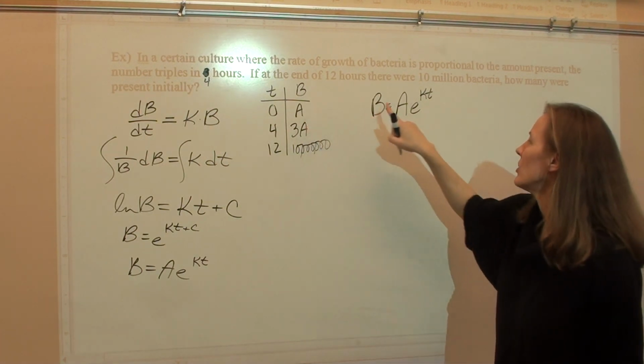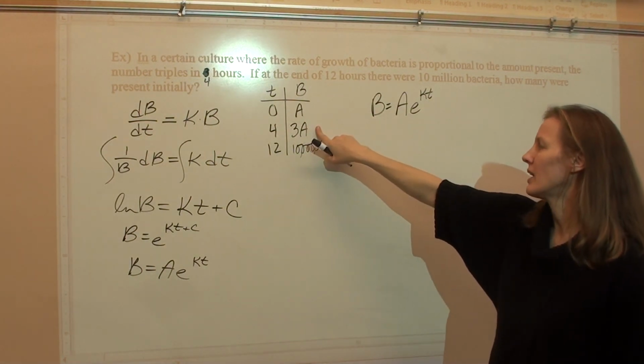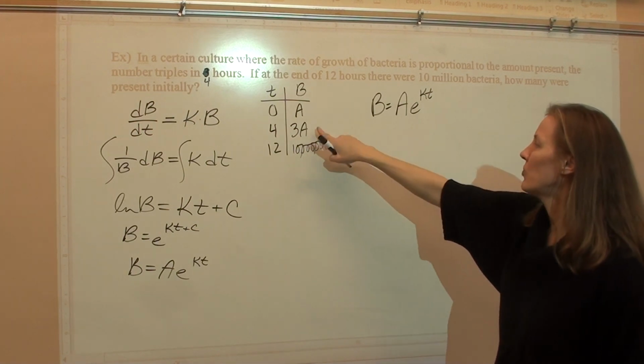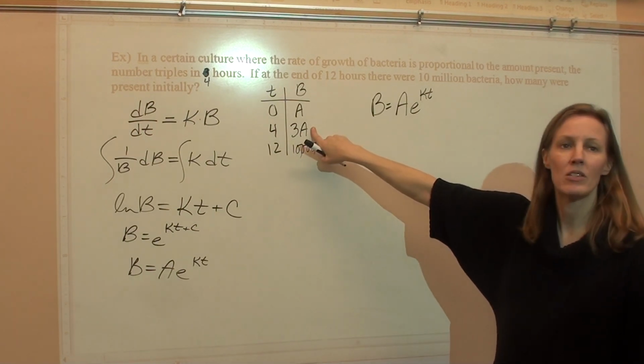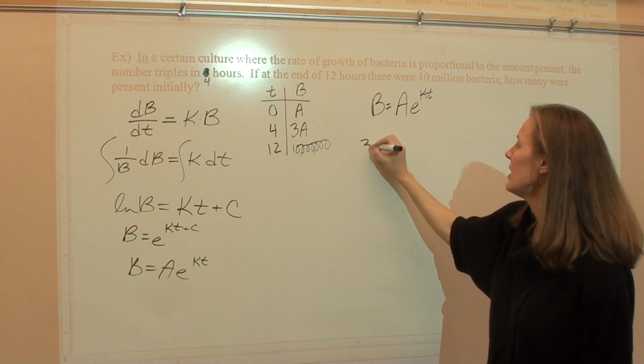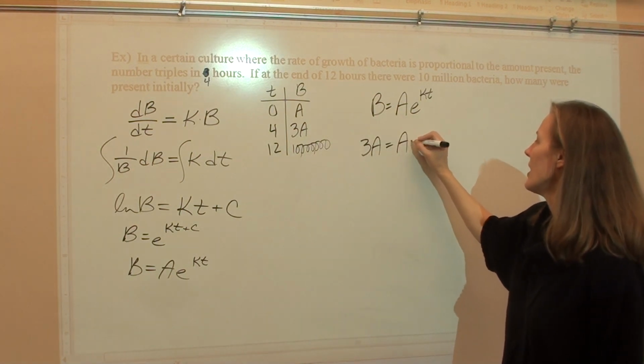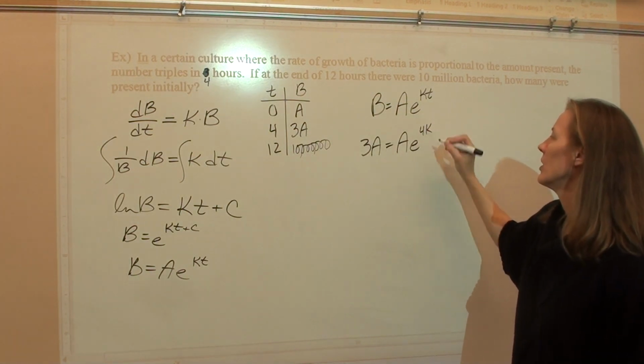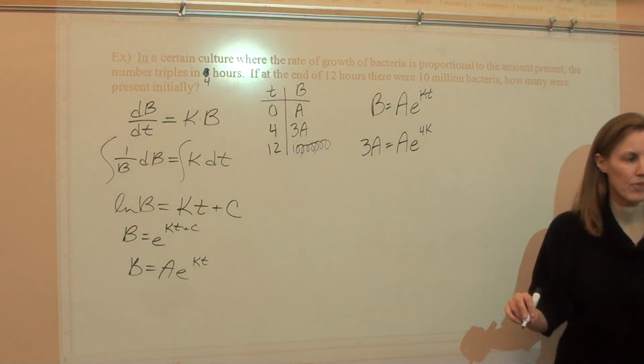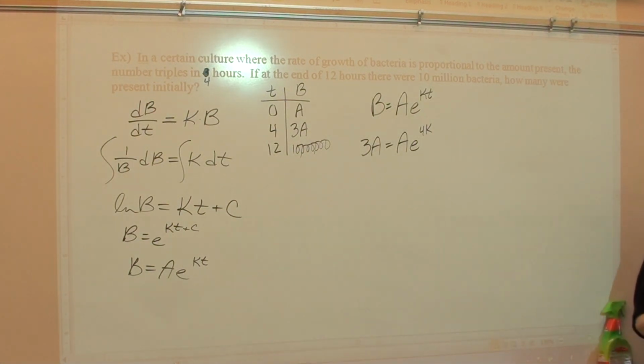So A is your initial amount. So let's plug in the next thing that we know. When t equals 4, our number of bacteria is 3A. So we get 3A equals Ae to the 4k. Cool. When we get that, what happens with the A's? They're gone.